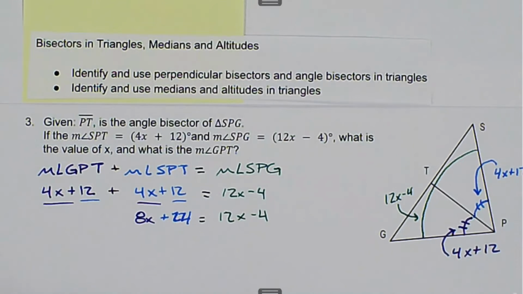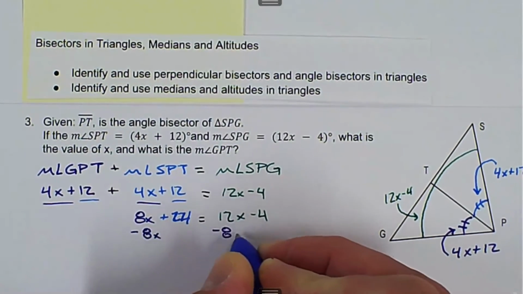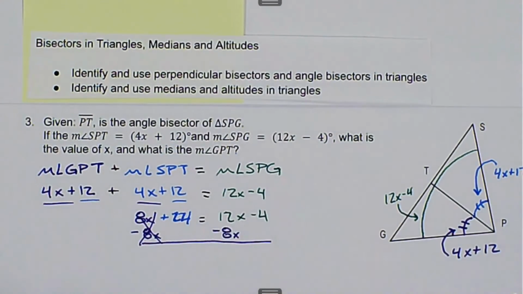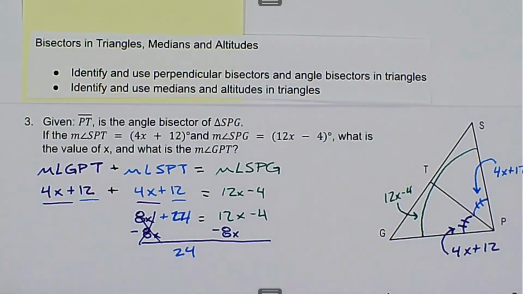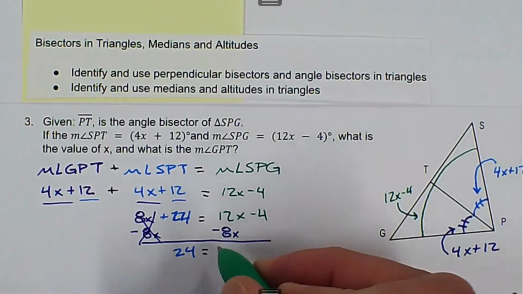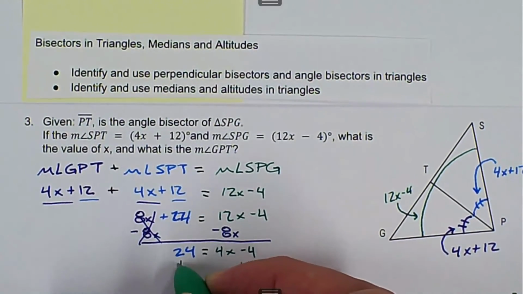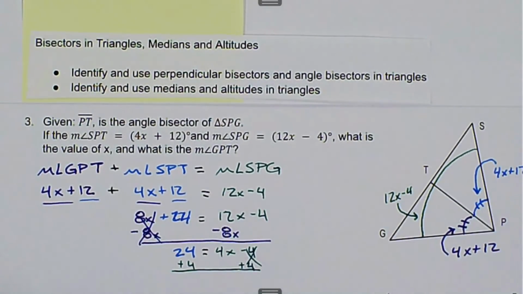So we can subtract 8x from both sides of the equation. That gets our 8x's to cancel, and on the left side, we're left with 24. And that is equal to 4x minus 4. So we can add 4 to both sides of the equal sign to get rid of our 4 over here.